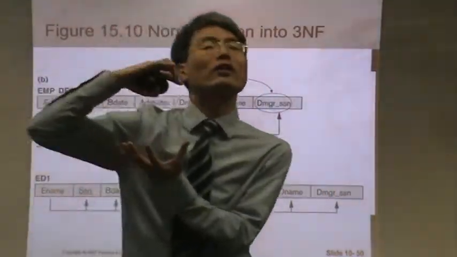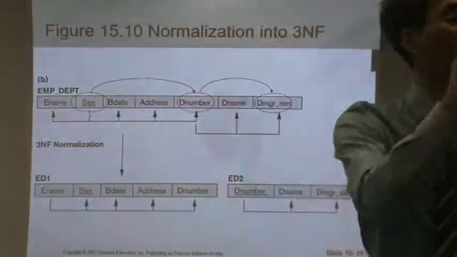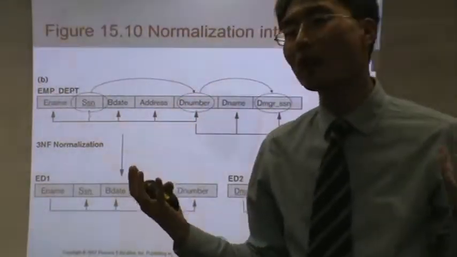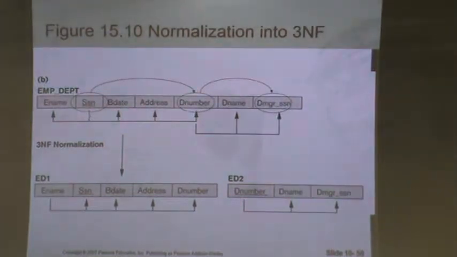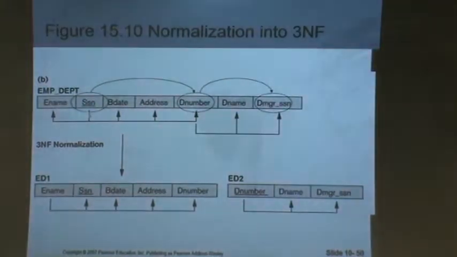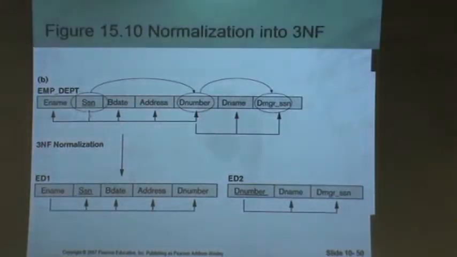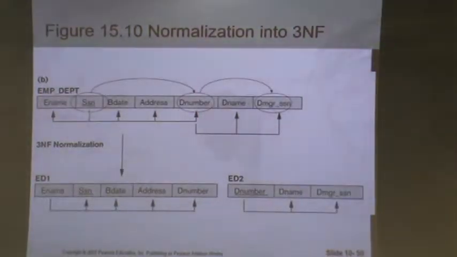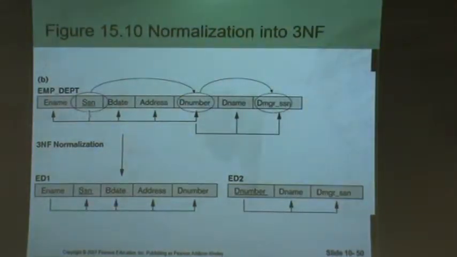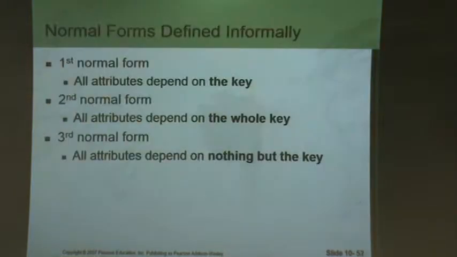You may realize it later, and at that time, if you want to separate, it's really hard. Why? Because if you change the database design, you need to change all applications and all interfaces. So it will be very hard if you realize such a problem later. So you'd better check mostly up to BCNF.